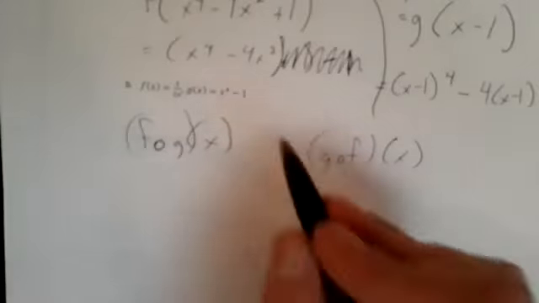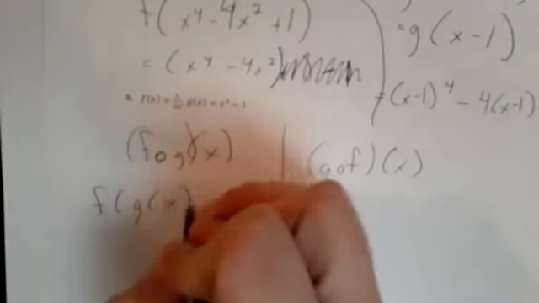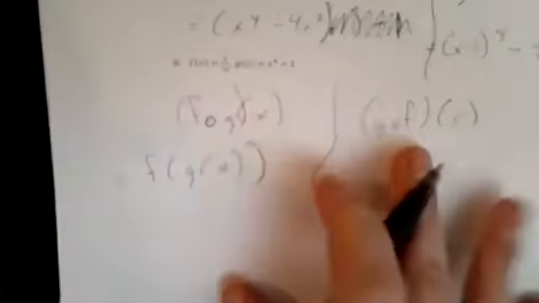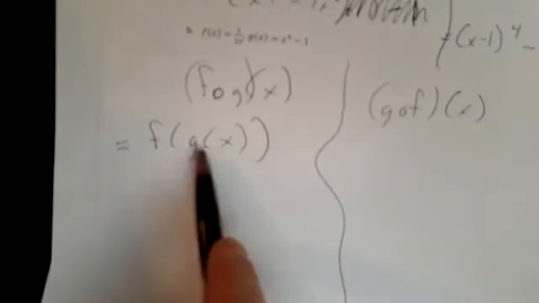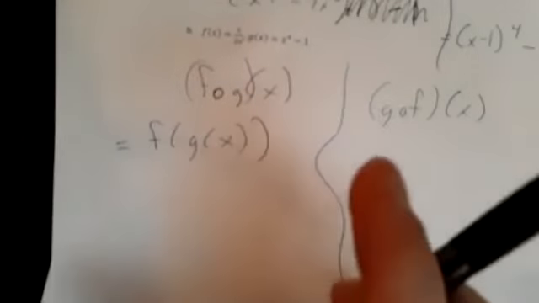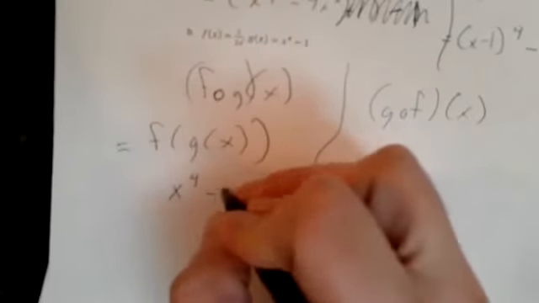So f of g of x is f of g of x. And if you write out your definition and you look inside out, I think you might start to get these things. The first thing I see is g of x. I can write out that guy's symbolic interpretation as x to the fourth minus 1.